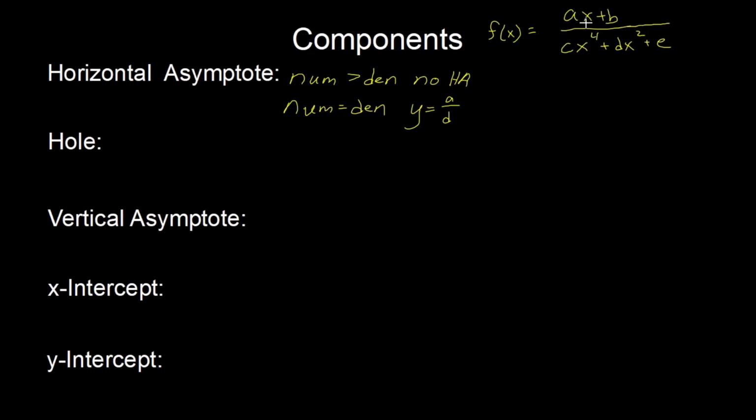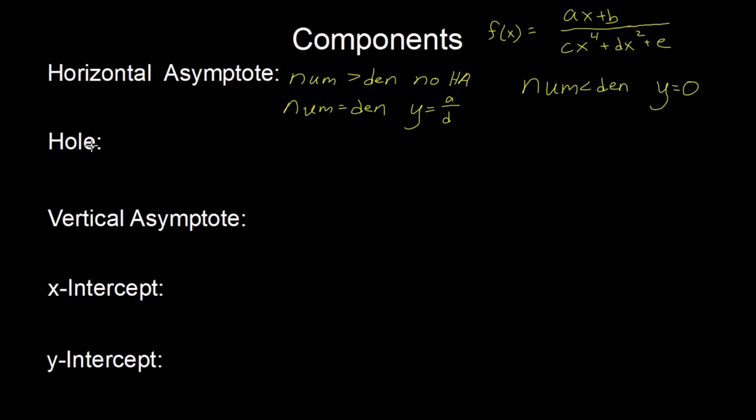So here we've got another one where the degree in the numerator is less than the degree in the denominator. So if the numerator is less than the denominator, we end up with a horizontal asymptote at y equals 0. So these are the three cases that you could come to in terms of your horizontal asymptote.